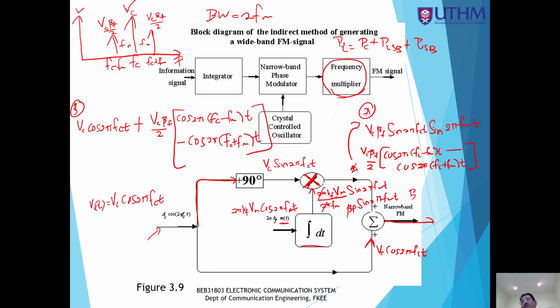Up conversion means that we increase the frequency of the signal to become wideband, from narrowband to wideband. These are questions that we have asked in the previous final exam, where you need to produce this kind of equation.